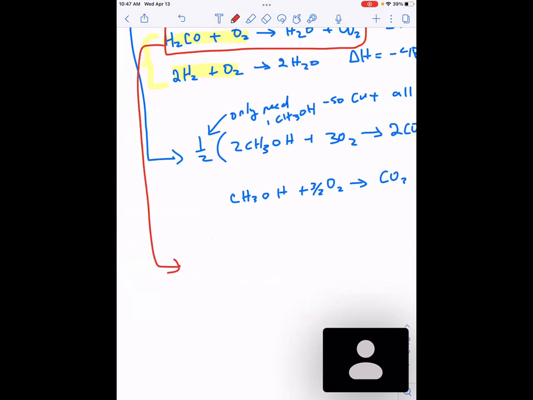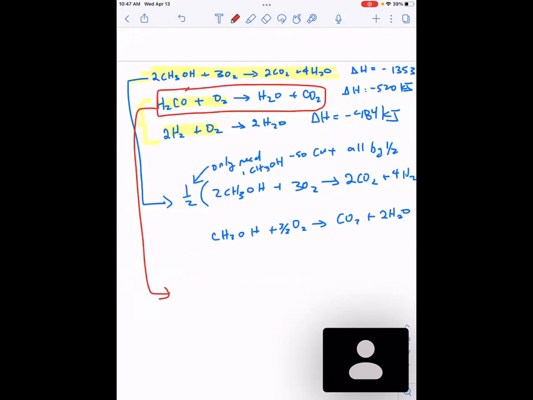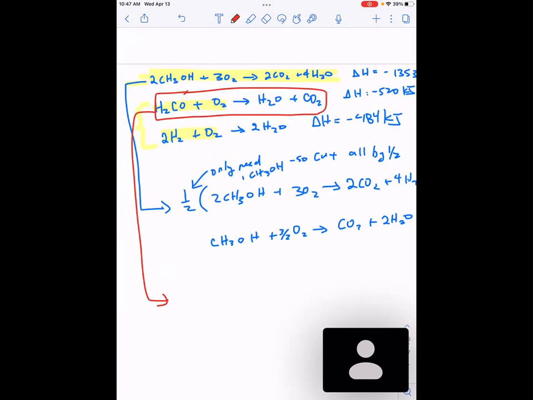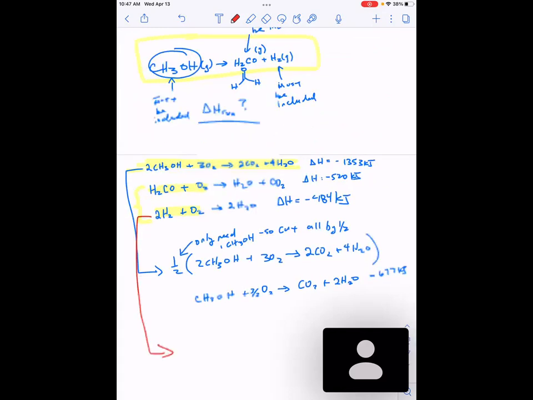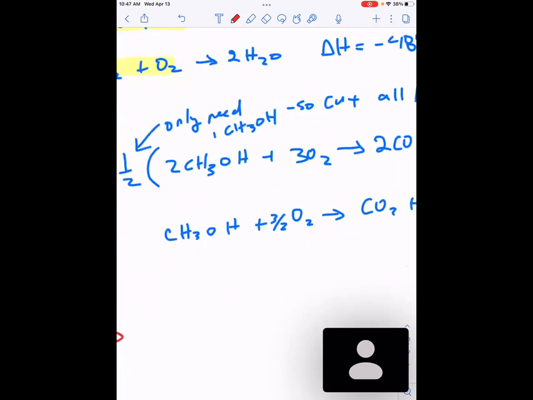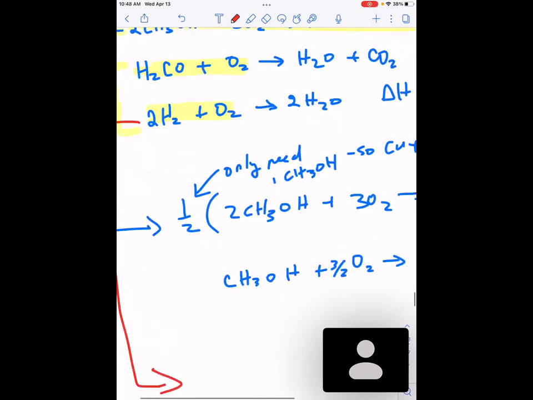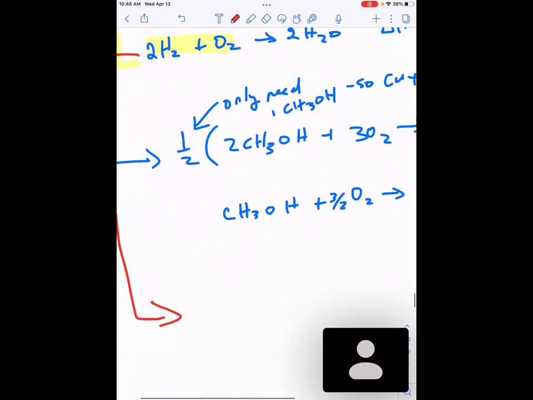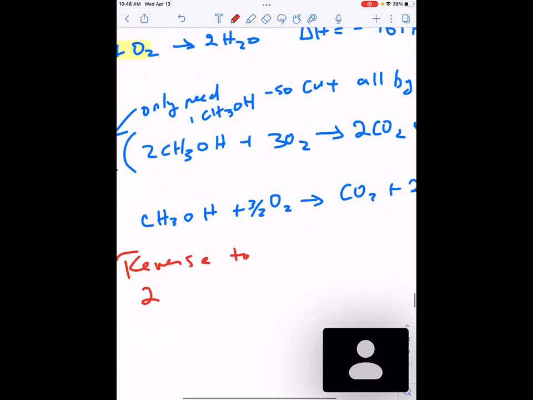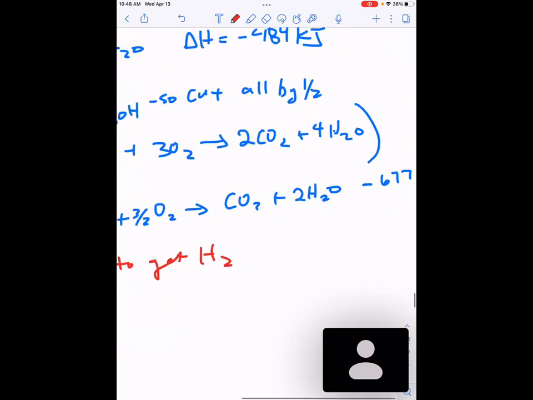Right, we're going to reverse it to get H2 as a product.